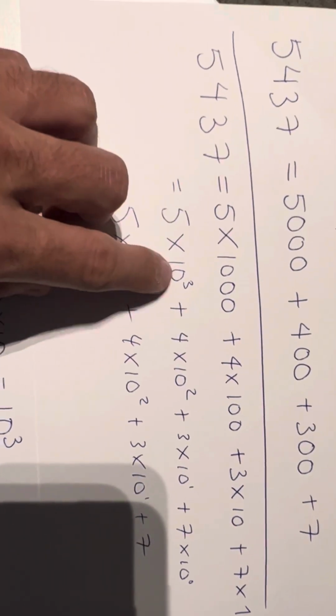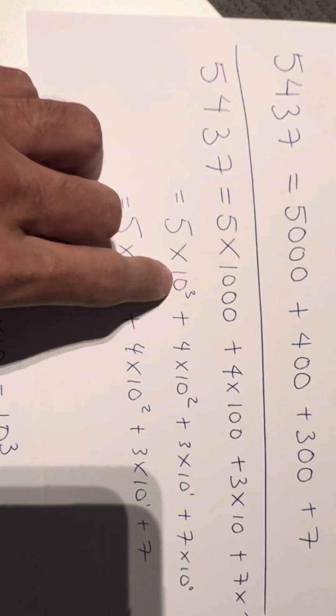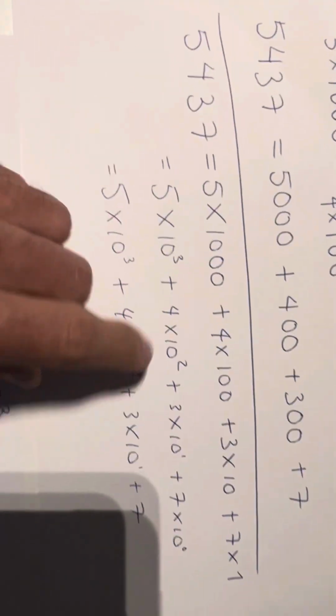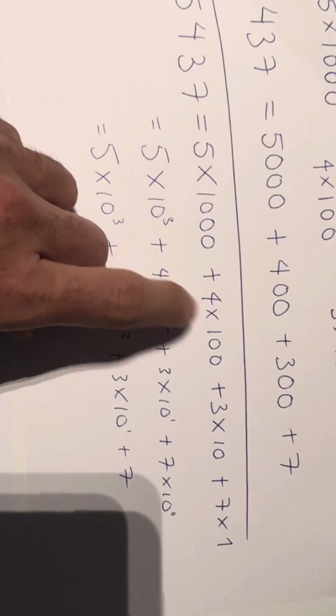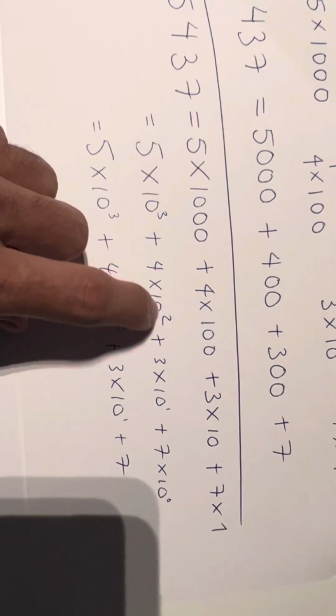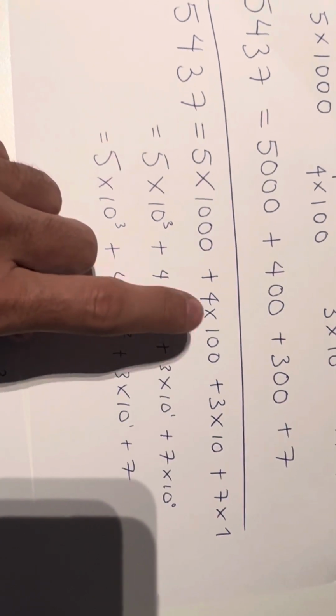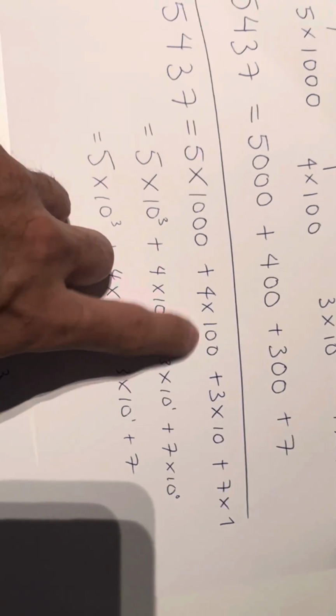Because remember, it's 10 times 10 times 10. And the same here: 4 times 100 is equal to 4 times 10 to the power of 2, because 10 to the power of 2 is 10 times 10, which is 100.